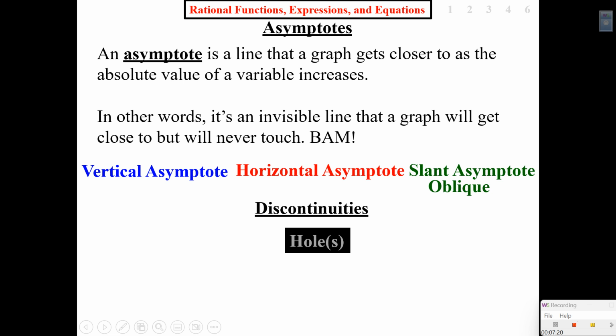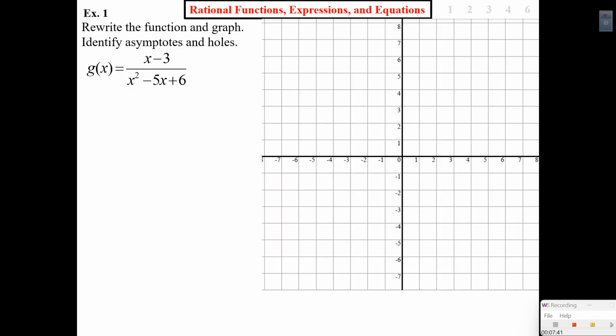All right, so let's get straight to it. And like I said, since you guys are my awesome students that always do your home play, today you should be able to recall all the different skills for this one problem that we're going to do. So copy this one. Example 1. Rewrite the function and graph, identify asymptotes and holes.